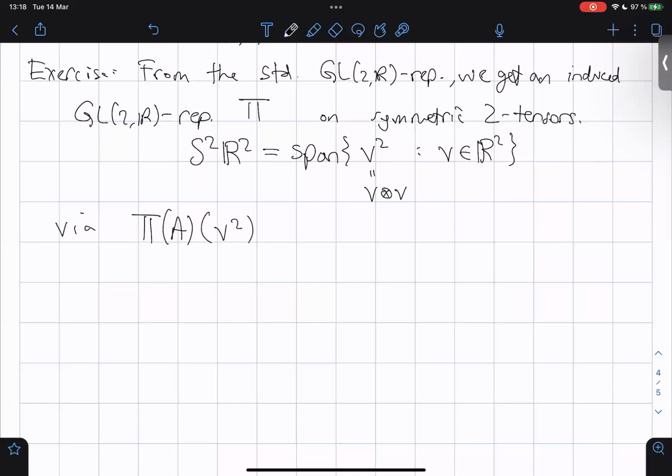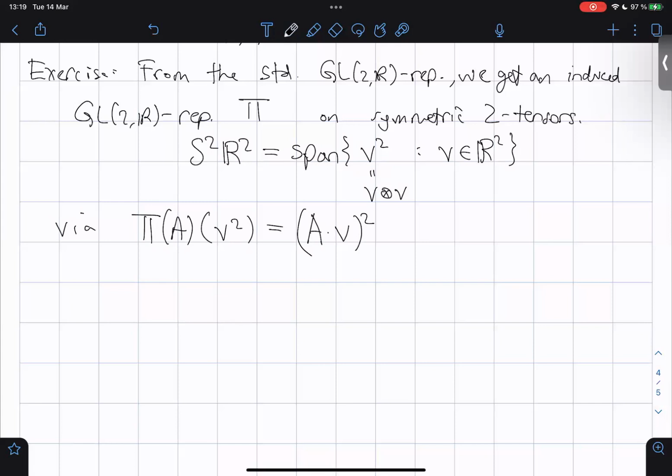Well, it's defined by letting it act on some spanning vectors, say a basis, or here the generators described by v squared. So I just need to specify how this acts on v squared. I let A act on v and then take its square.